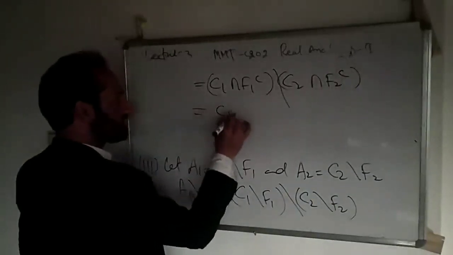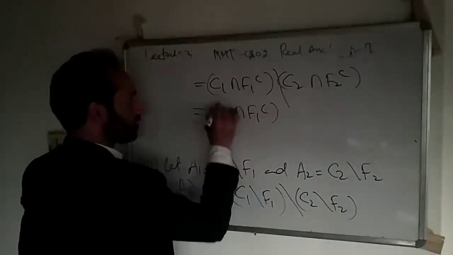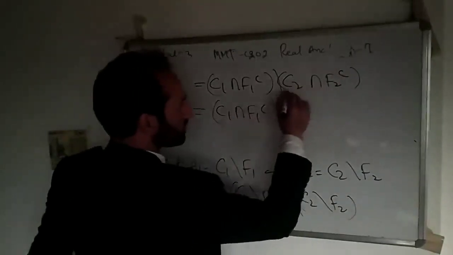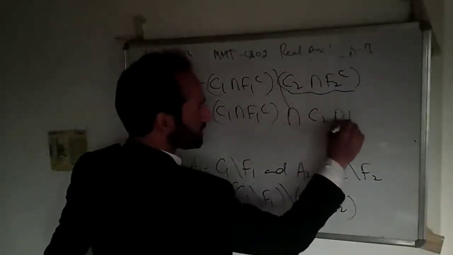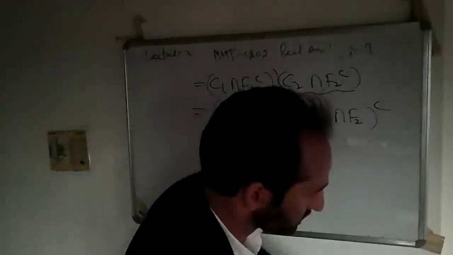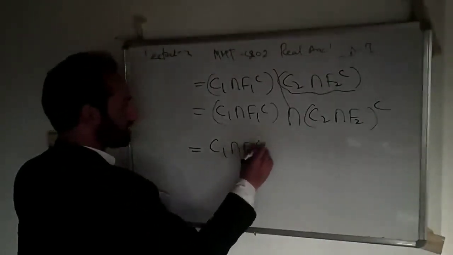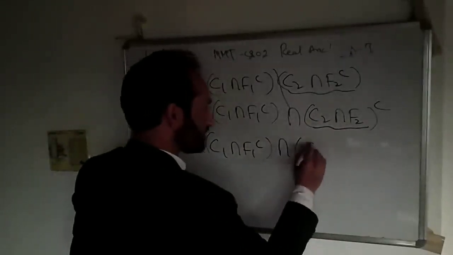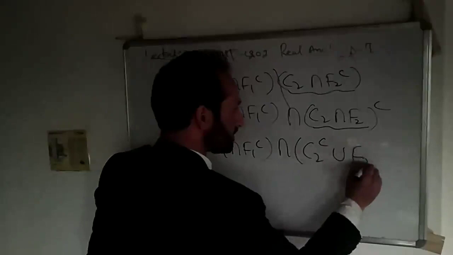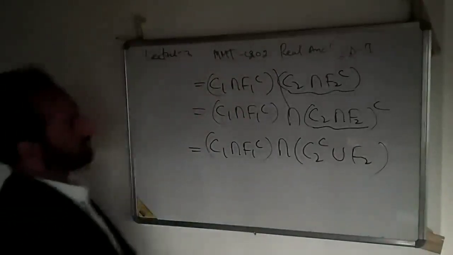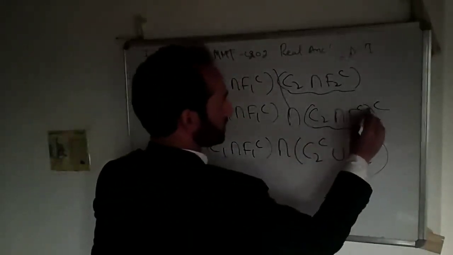That's equal to C1 intersection F1 complement, intersected with the complement of C2 intersection F2 complement, whole complement. Now apply De Morgan's law: this is C2 complement union F2.